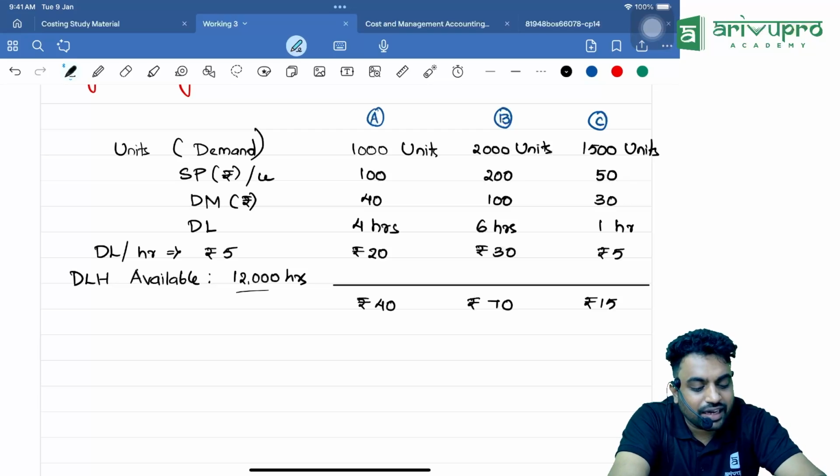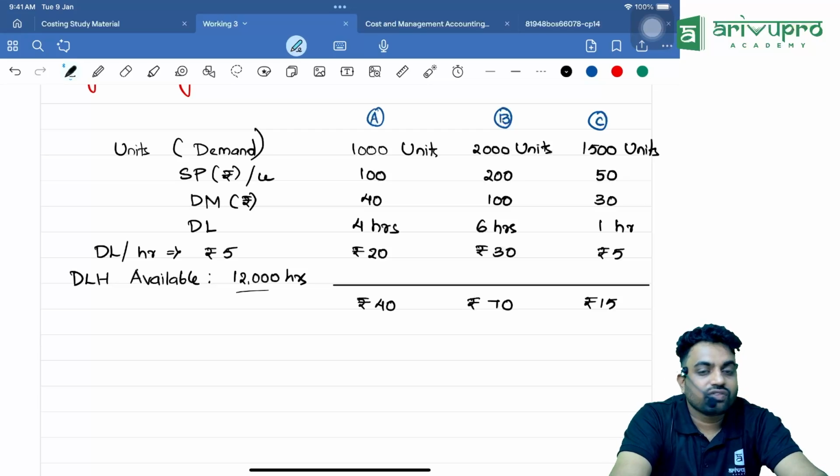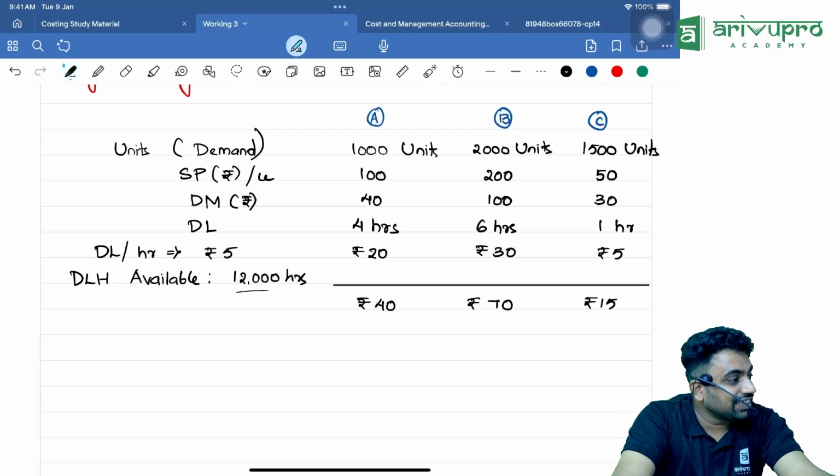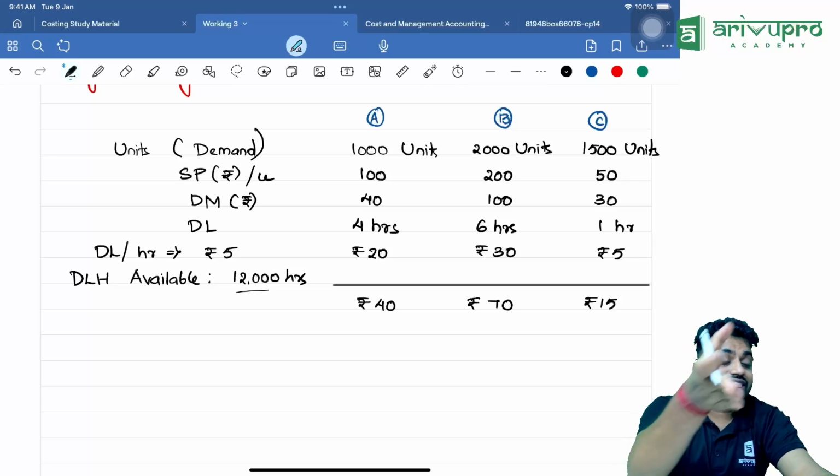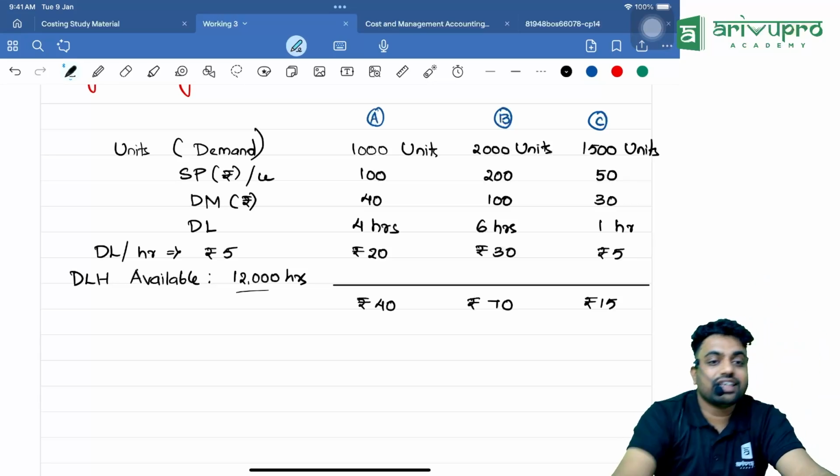Total labor hours required is 17,500. But do you have so much labor? Now, that labor hours, as it is a restricted resource, as we don't have enough resource, we call it the key limiting factor.